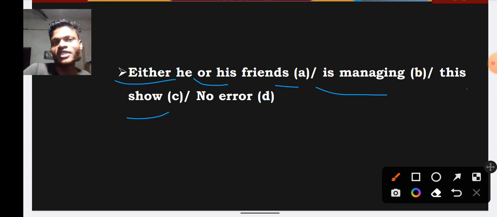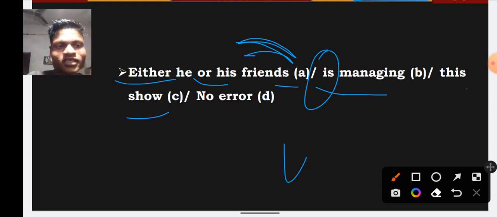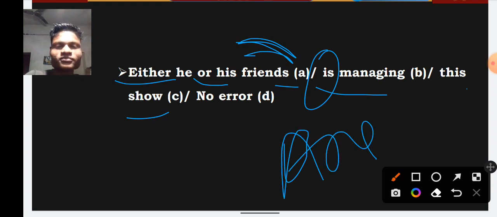I repeat this many times. According to this rule, his friends is your subject, and it is a plural subject. Then you have to replace is by are. Simply are. And done.